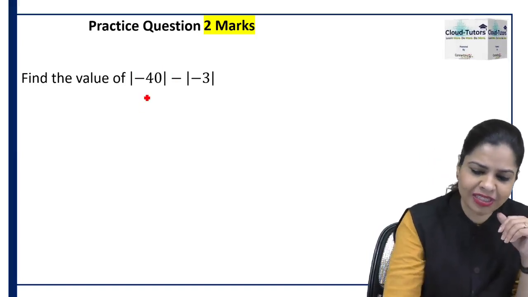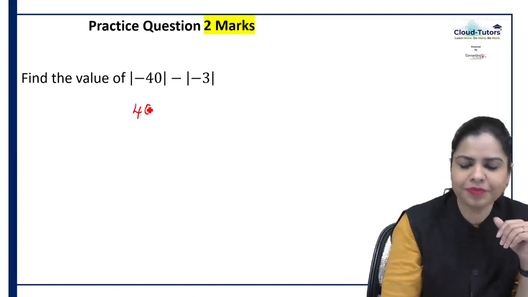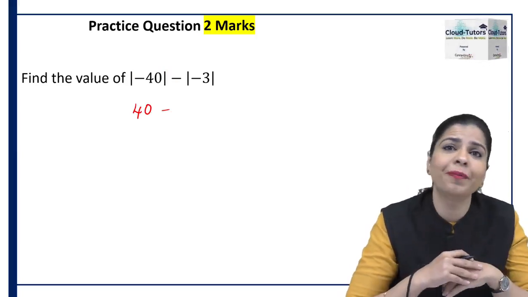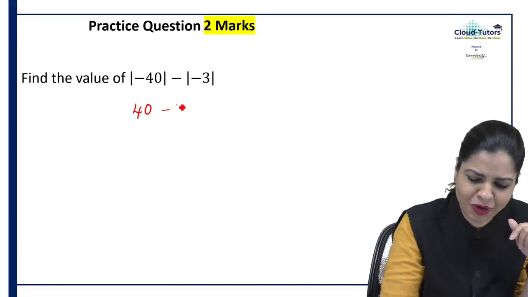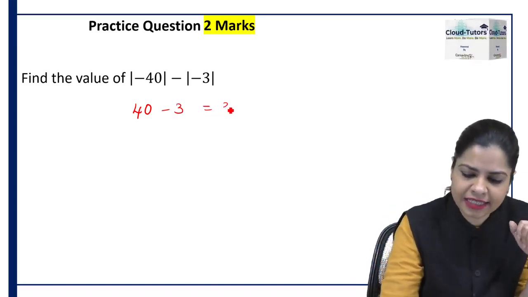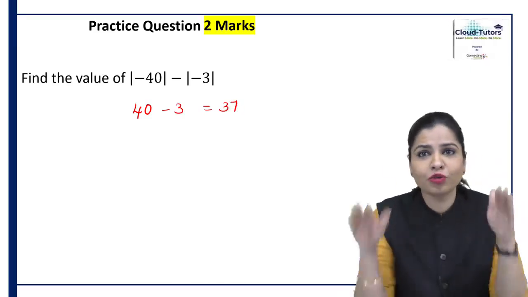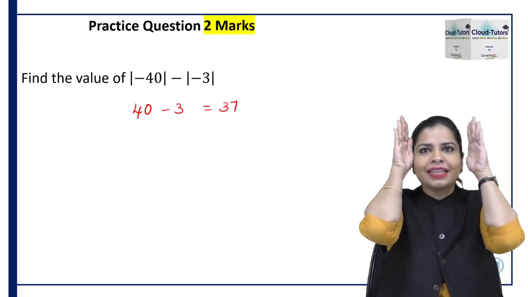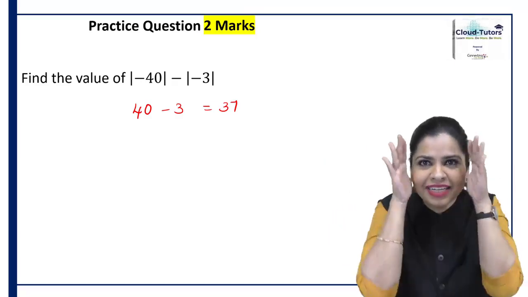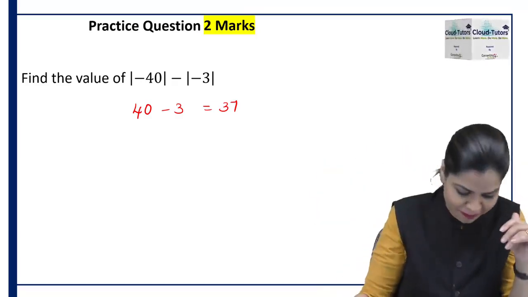It is just 40. Minus the absolute value of negative 3 would be? Fantastic. You are smart kids. So 40 minus 3 is 37. So whenever you see gates like this, that is to ward off the negativity around you, right? So keep the negativity away.